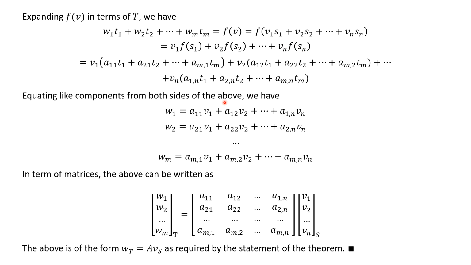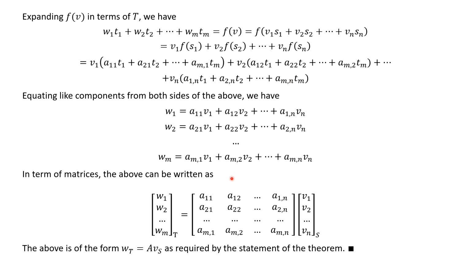Then the next step, if you recall the last thing we did on the previous slide, we wrote f of s1, f of s2, all the way down to f of sn in terms of the basis vectors for T. So I just plug that in here, here, and here.